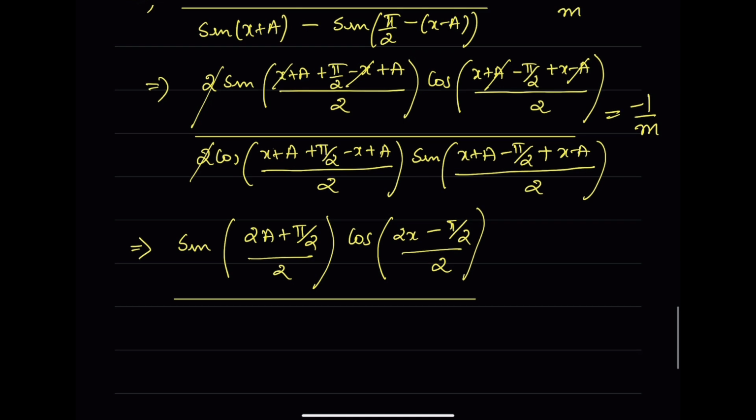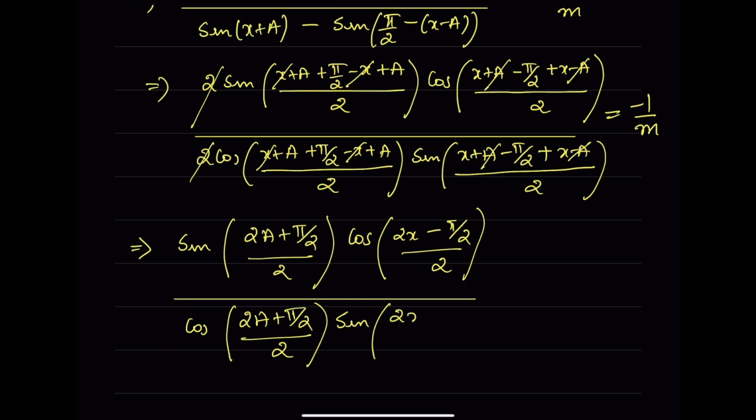The denominator would be, cancel out the x here, cos of 2a plus pi by 2 by 2, and cancel out a here, 2x minus pi by 2 by 2. This is equal to minus 1 by m.